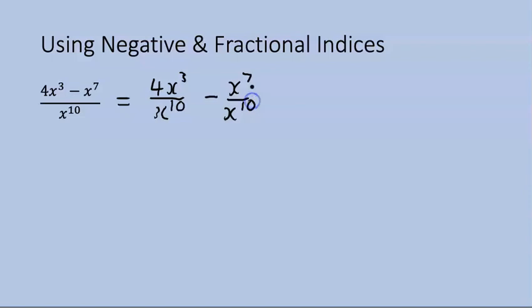Now, 4 divided by 1 just gives me 4. x to the 3 divided by x to the 10, I do 3 take away 10. That's minus 7, so 4x to the minus 7. x to the 7 divided by x to the 10 is x to the minus 3.